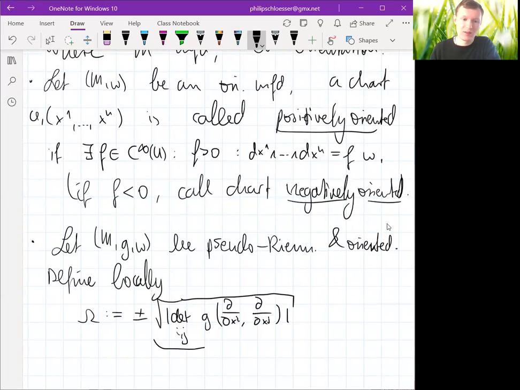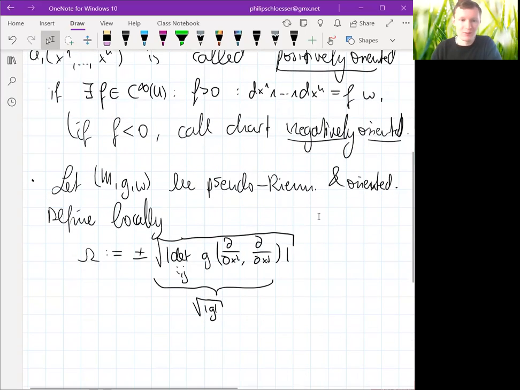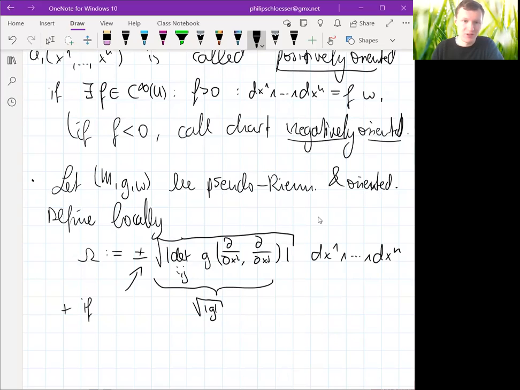In GR, this is usually written as just the square root of the absolute value of g, where g is exactly that determinant, but I've written it out, times dx1 wedge and so on dxn. Now, why the plus minus? We take plus if the chart is positively oriented, and minus otherwise, if negatively oriented.